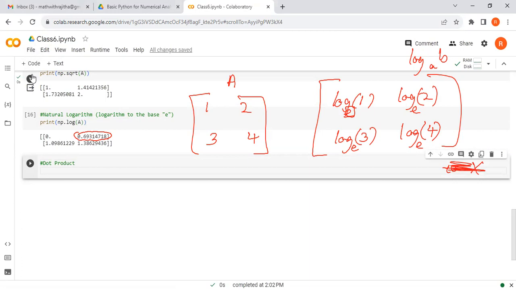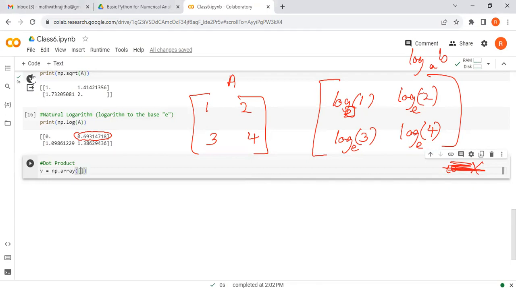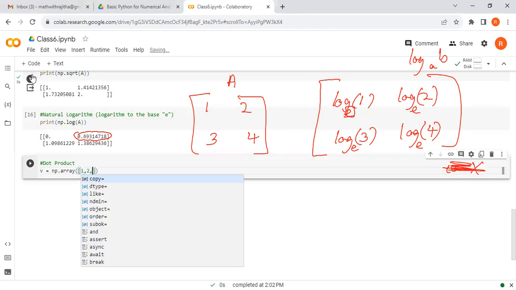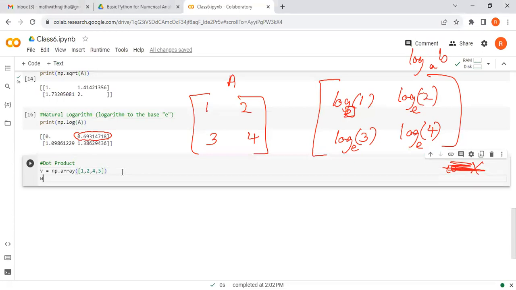We take the dot product between two vectors in mathematics. V equals np.array, 1, 2, 4, 5. Let me define another vector w equals np.array.